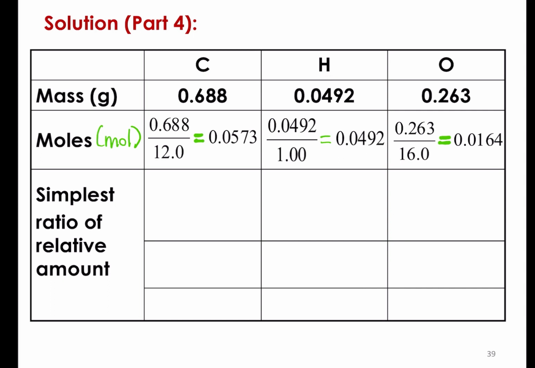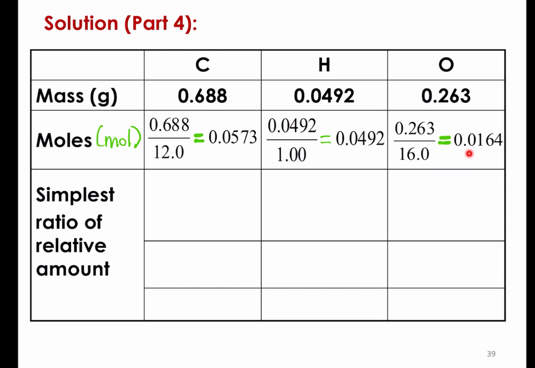So, next one kita akan continue dengan simplest ratio. So, my simplest ratio right now is based on the smallest number of mole that I have for each element. So, daripada 0.0573, 0.0492 and 0.0164, the lowest or the smallest number of mole is oxygen.